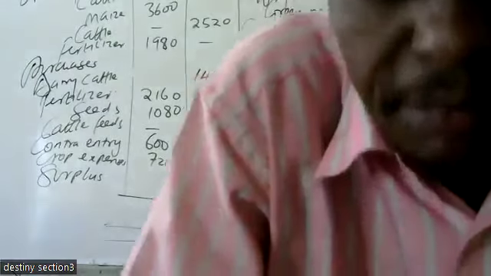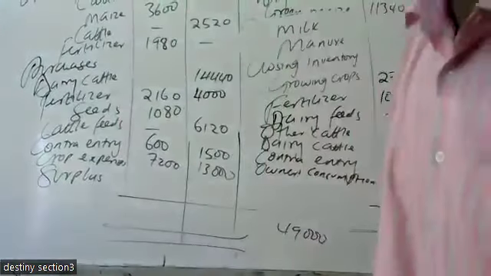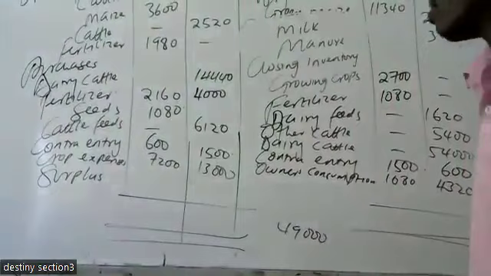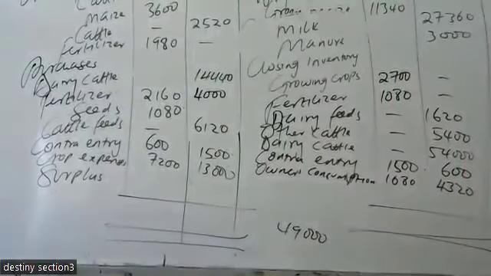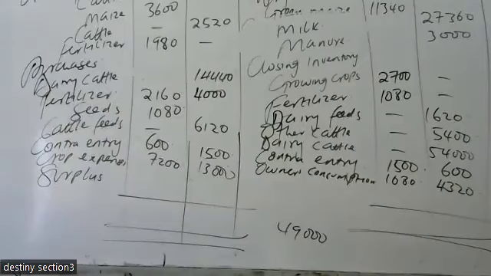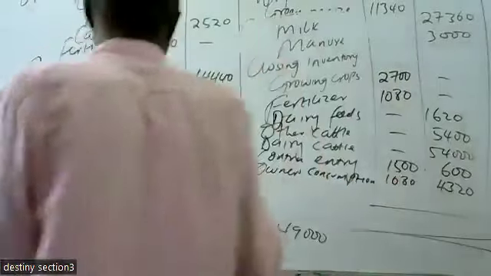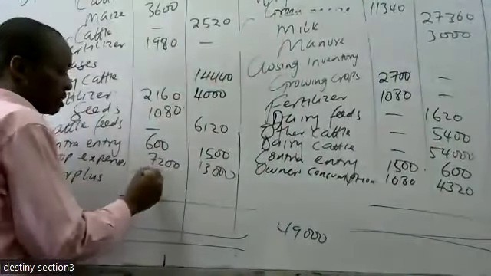Once you correct that mistake, the surplus for crop becomes 37,080. 37,080. And the other one?